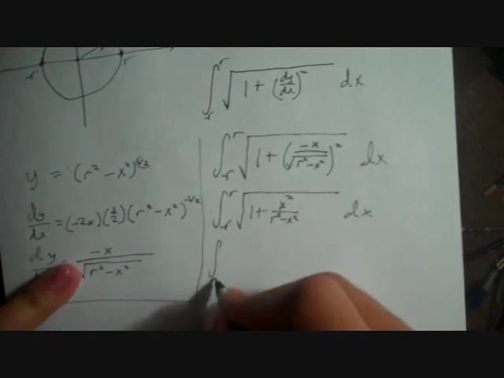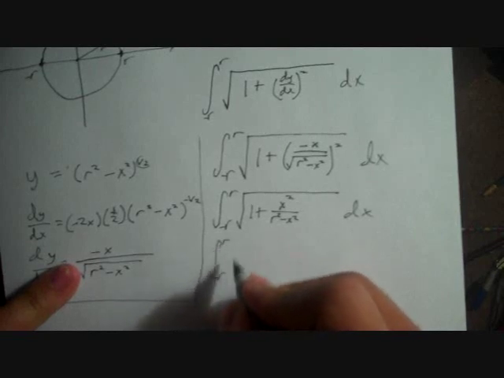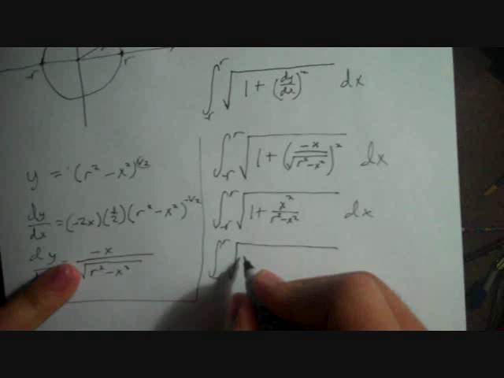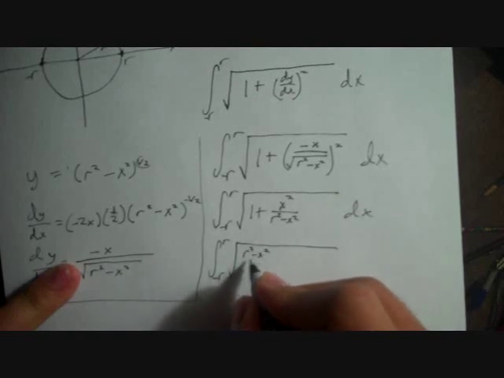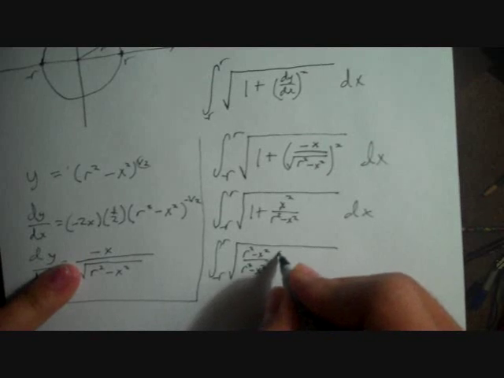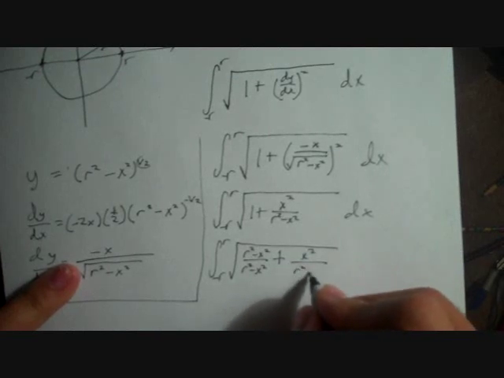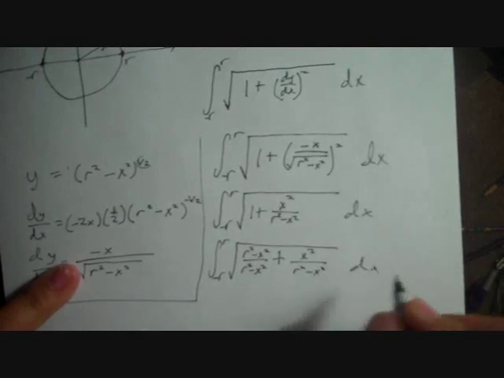So we'll have the integral from negative r to r of the square root of 1, let's call this one (r squared minus x squared) over (r squared minus x squared), plus x squared over r squared minus x squared, dx.